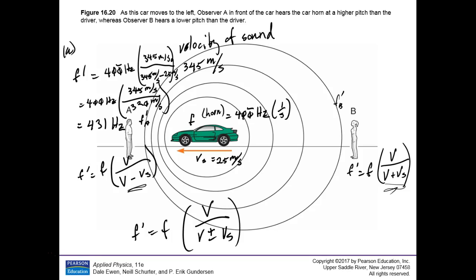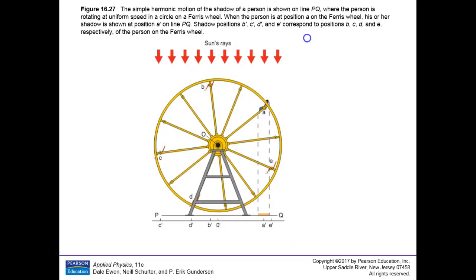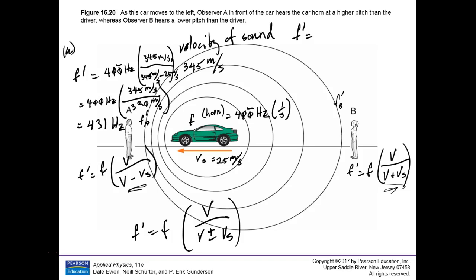So, the B part says, what is the frequency heard when the car is leaving? Now the car is on the other side of them, getting further away. So what's your formula then? F prime is equal to? Now you're on this side. The frequency of the horn is still 400 hertz.